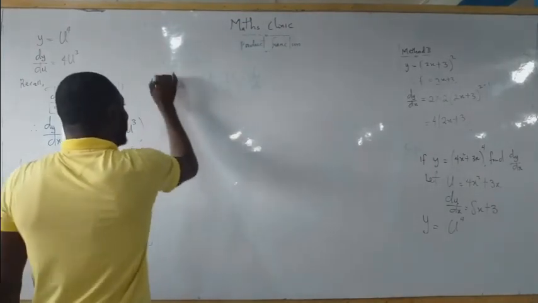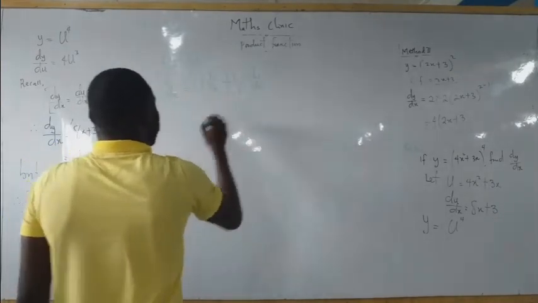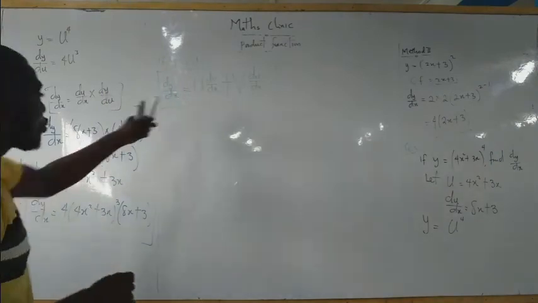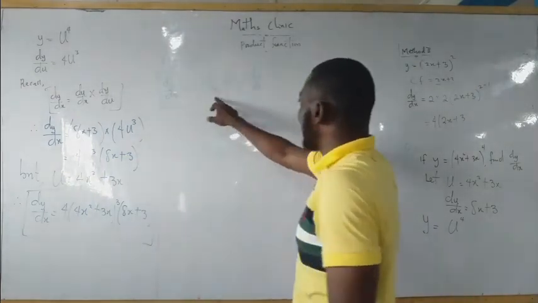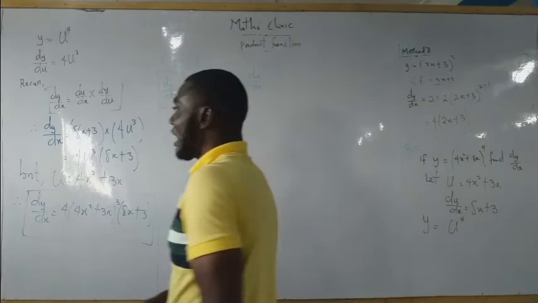These are called product function. This is a product function, not formula, please. Not formula. This is product function: u dv/dx plus v du/dx.